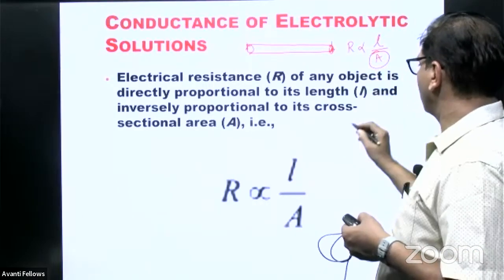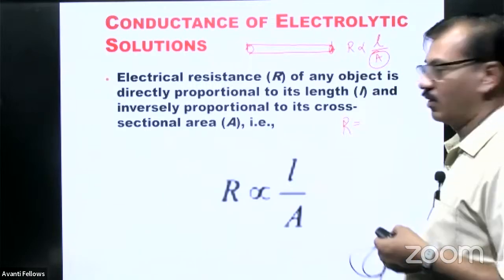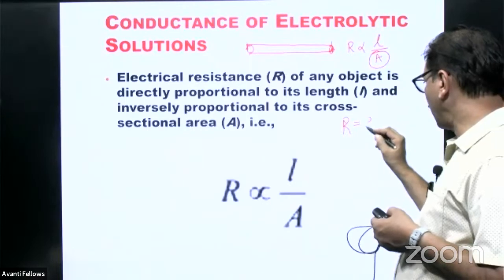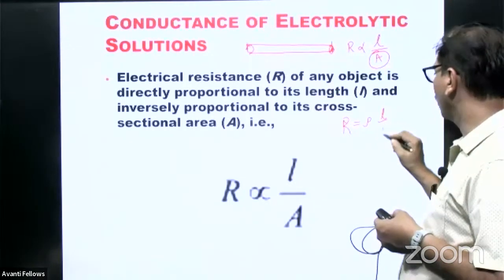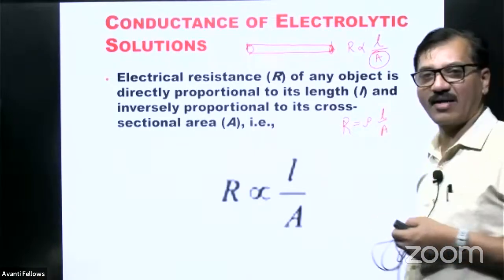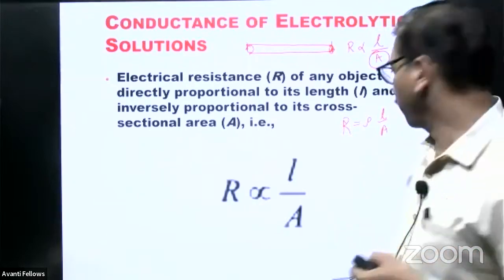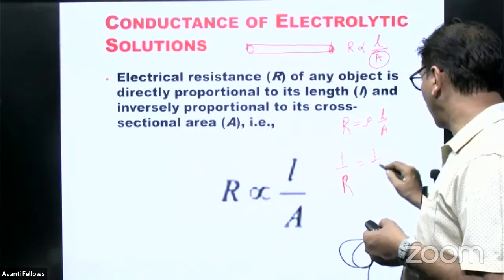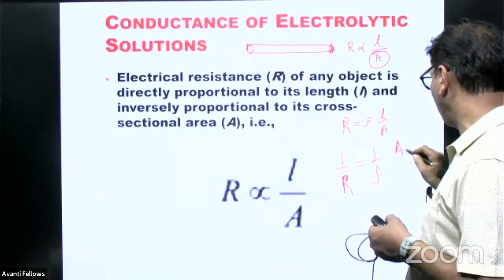If you make the equation for resistance, there will be a proportionality constant, and that proportionality constant is resistivity, rho. Now take the reverse way: 1 by R is equal to 1 by rho times A by L.